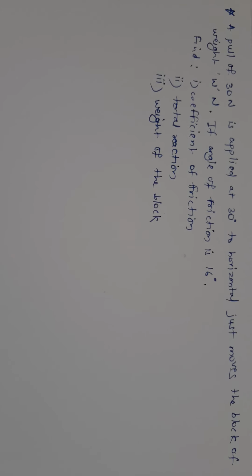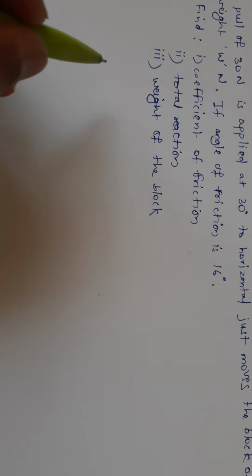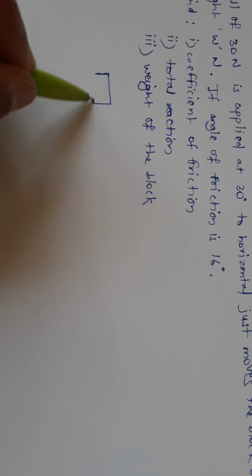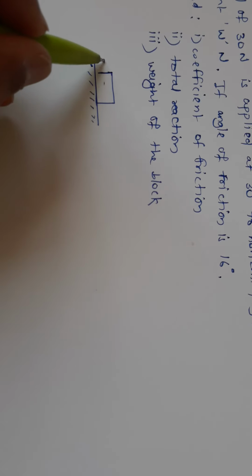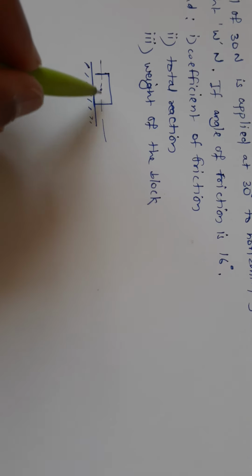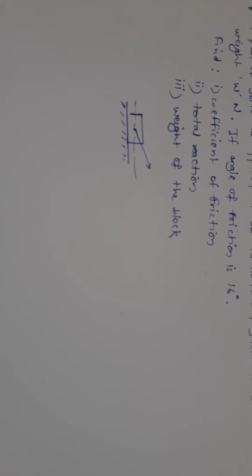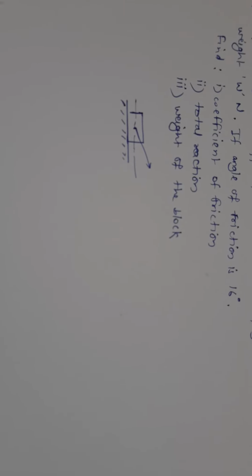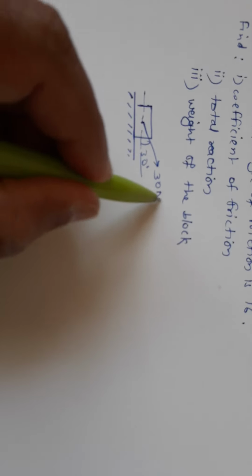First we have to draw free body diagram for the given problem statement. So there is one pull force applied on a block, the force is not on the horizontal plane, but it is inclined at 30 degree to the horizontal plane, and the pull force is of 30 Newton magnitude.